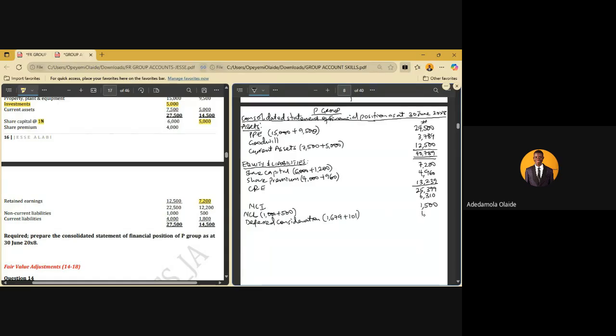That's 1,780. Then current liability, 4,000 plus 1,800. That is 5,800. What do we have in total, please? 40,789.